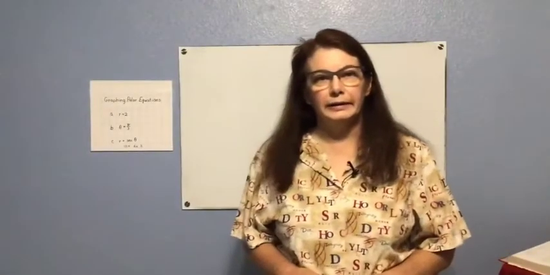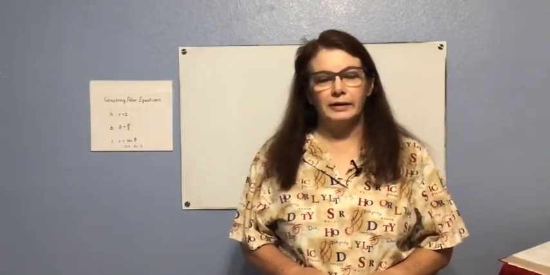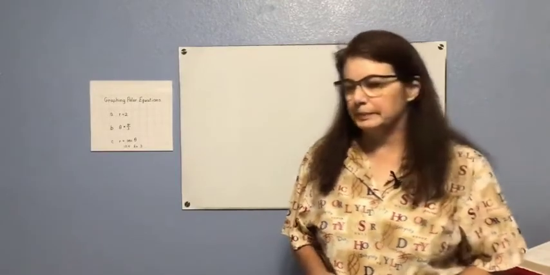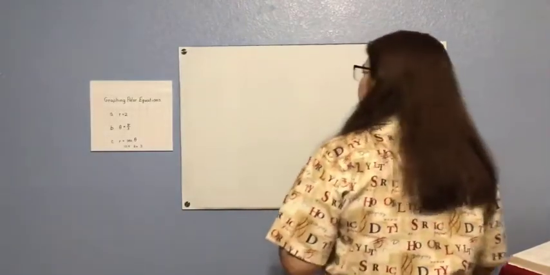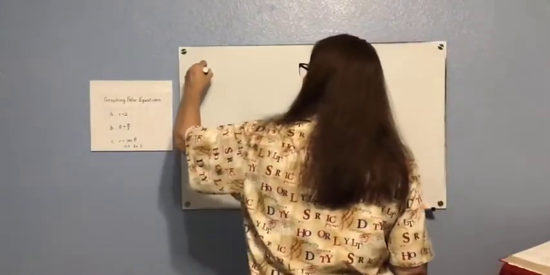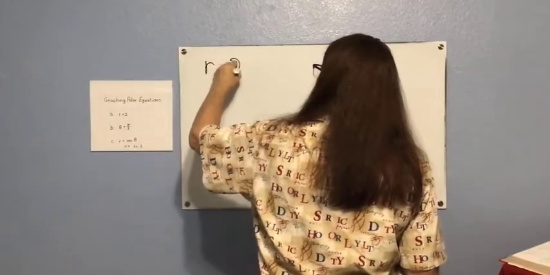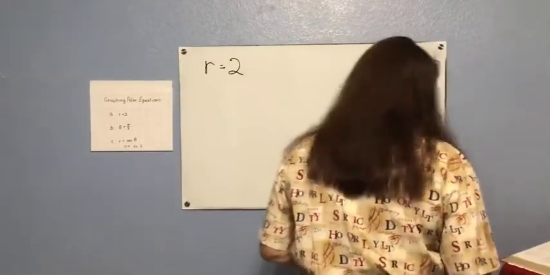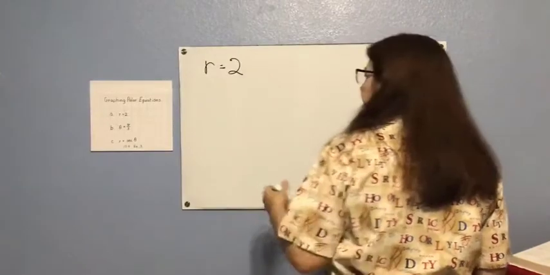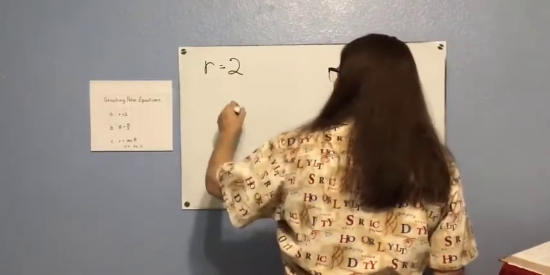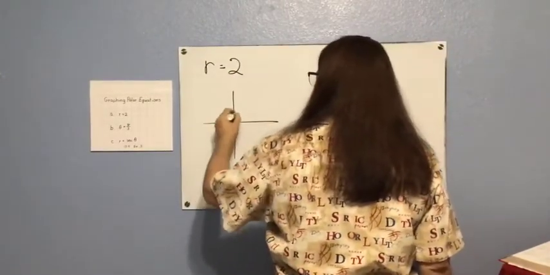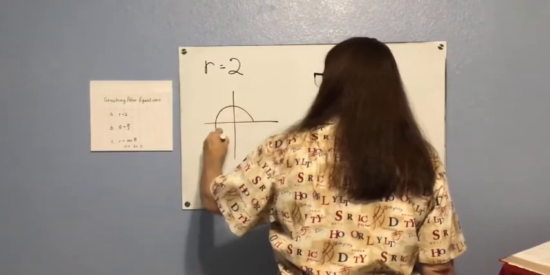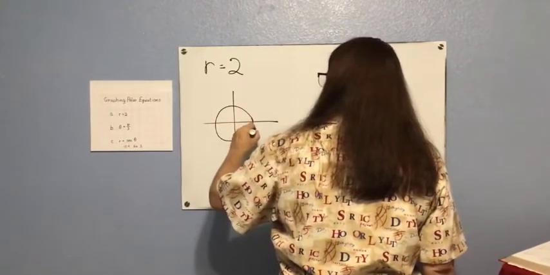Now we're going to get a little practice with graphing polar equations. My first example is r equals 2. The graph of all the points where r equals 2 is simply a circle with a radius of 2.